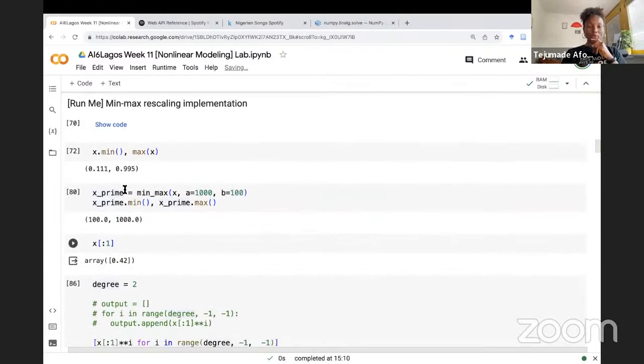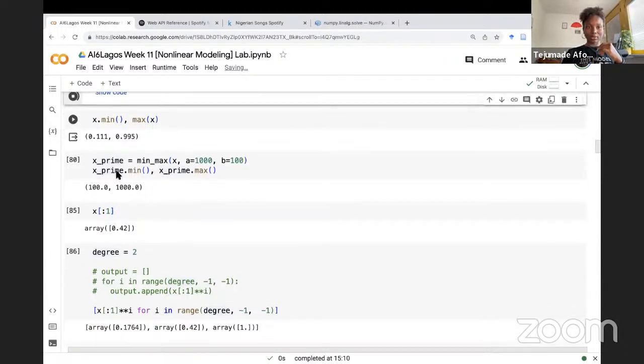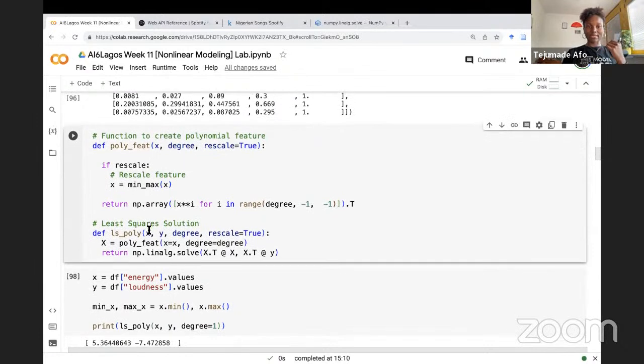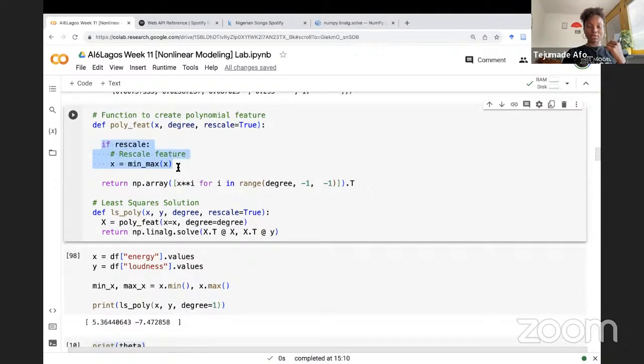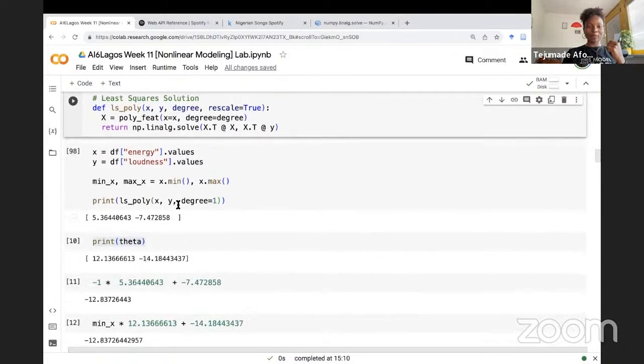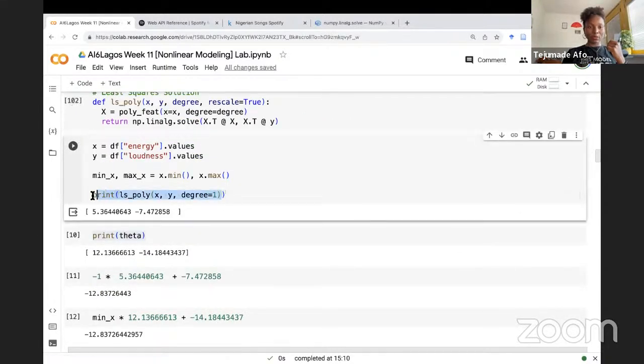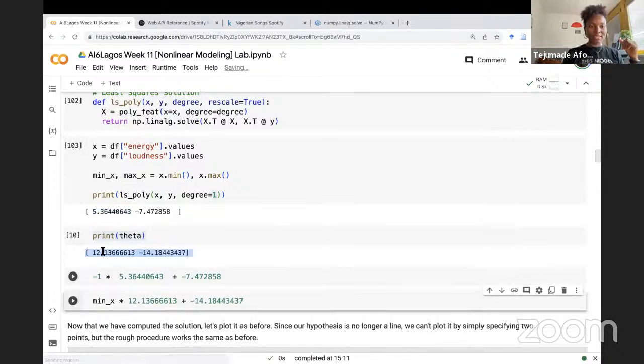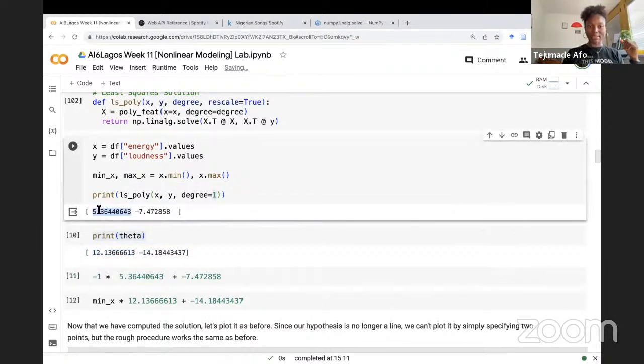So when we now quickly went down and reran things here, we have a function that already scales the data that we specify, and we printed out this polynomial, but we kept it to degree 1 just like we had before. What we see here is that the weight, instead of being 12 that we found before, is now 5.3.